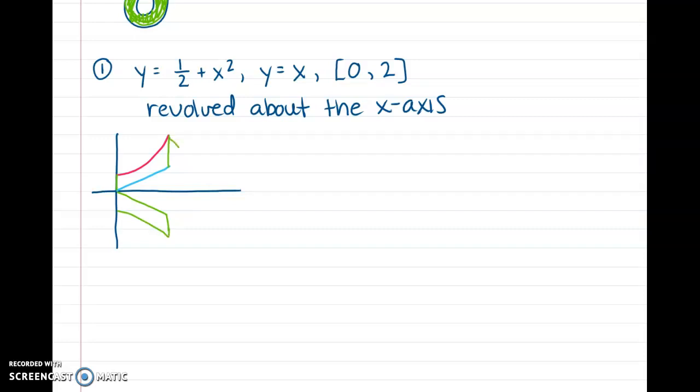Now our solid, trying to make it look three-dimensional-ish: there's our larger shape, and the part that we will subtract out is right there. I don't know if I'd call it a good picture, but hopefully you can tell what I'm getting at.